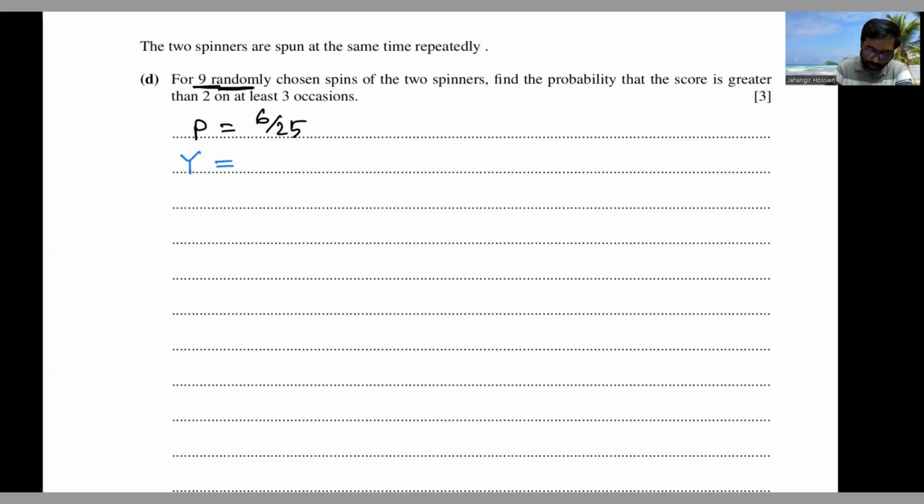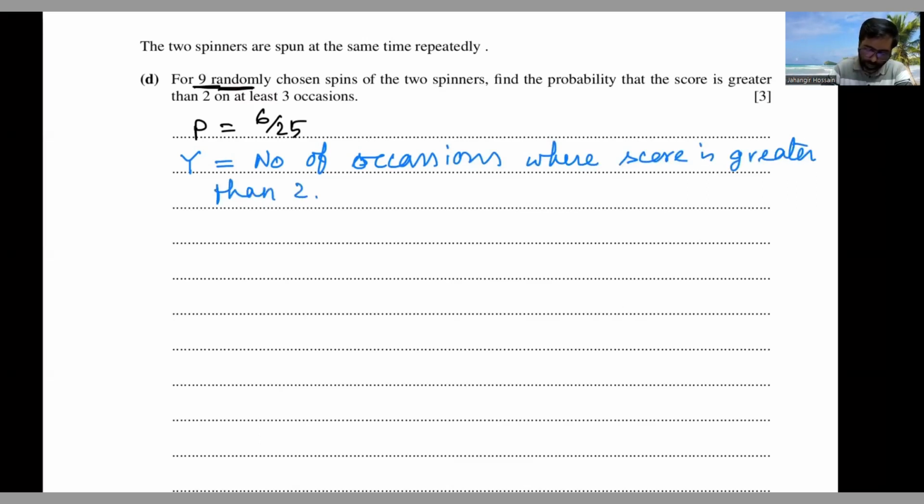Let's denote it by Y, and Y denotes the number of occasions where the score is greater than 2. In that case, probability is 6 by 25, and the number of trials or number of spins is 9.